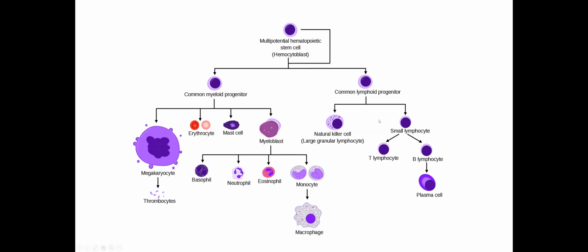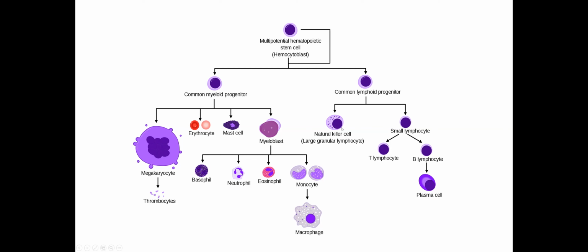These are from the same ancestor, and B cells and T cells are responsible for the adaptive immune system. All other cells here are mainly for the innate immune system. Interestingly, very similar to T cells, there are so-called NK cells, natural killer cells.